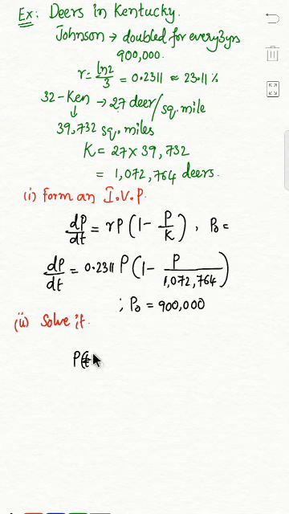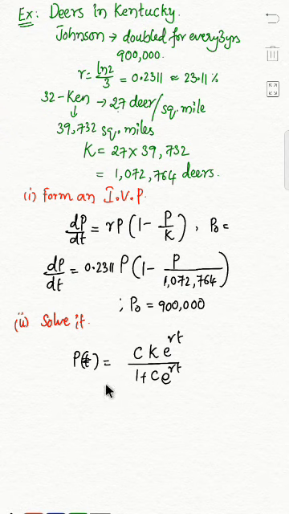P of t is equal to c k e to the power of rt by 1 plus c e to the power of rt, where r is known, k is known here. So this becomes c.